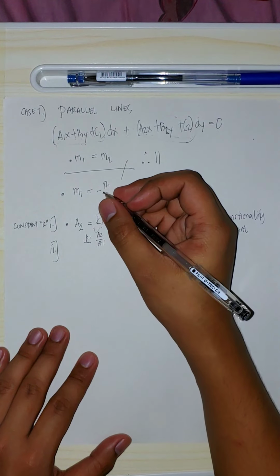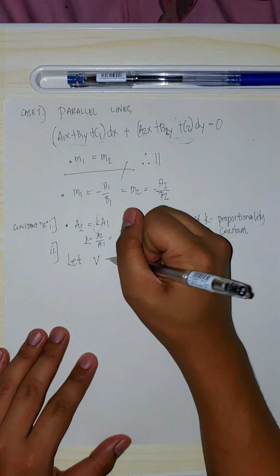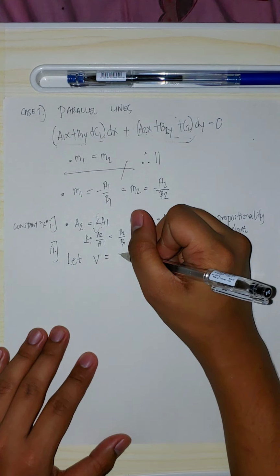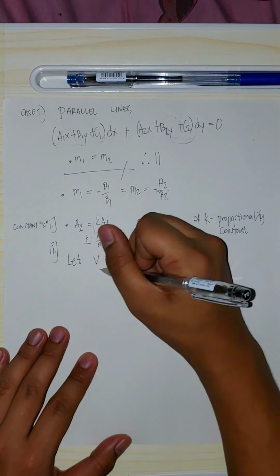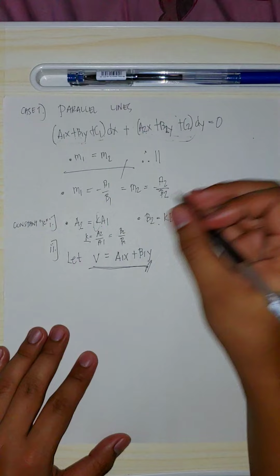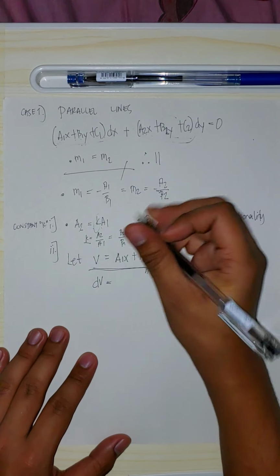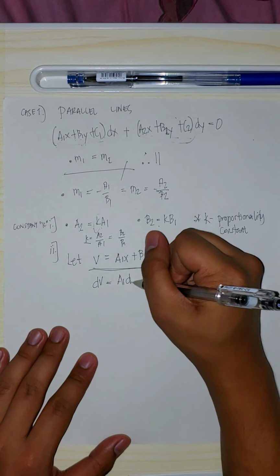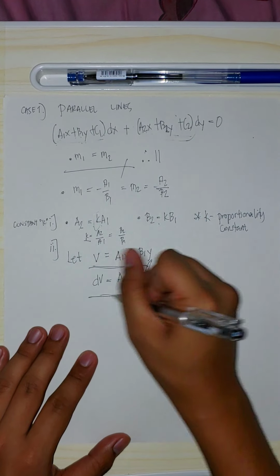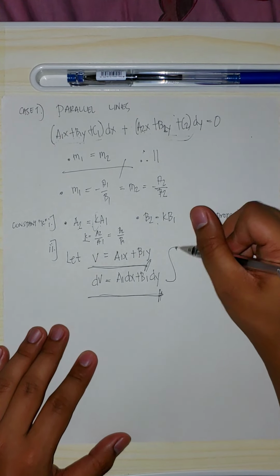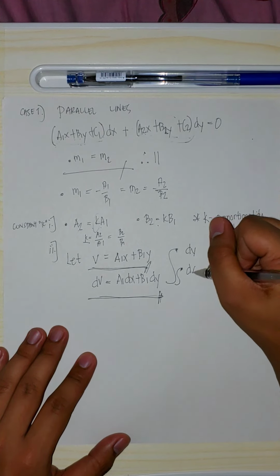Next, we substitute. Let V equal A1x plus B1y. And then, if we differentiate V here, we have A1 dx plus B1 dy. Then we can solve this with respect to y, or we can solve the differential equation with respect to x.